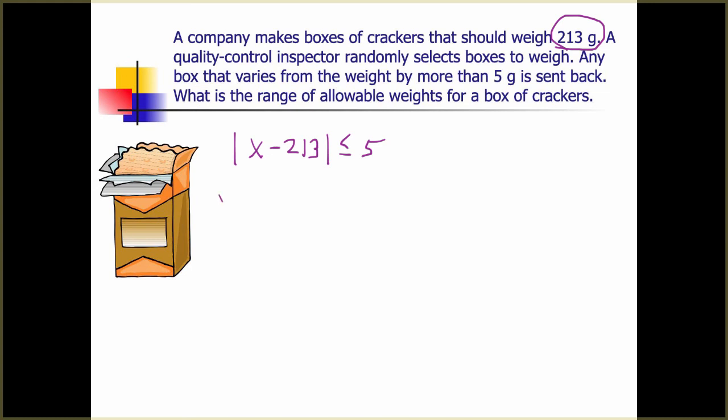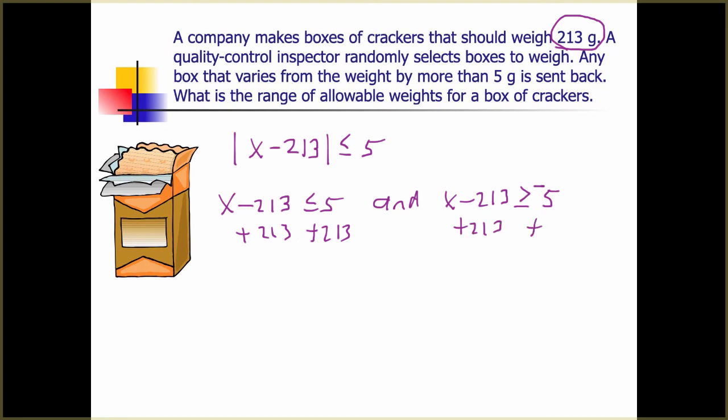So we're going to solve this now. We have absolute value of x minus 213 is less than or equal to 5. And this is an and. So x minus 213 is less than or equal to 5, and x minus 213 is greater than or equal to -5. We solve both. We add 213, we add 213.